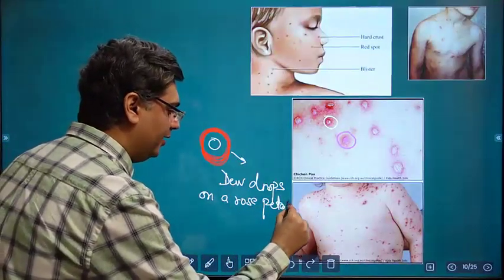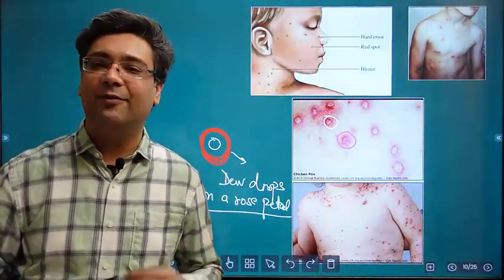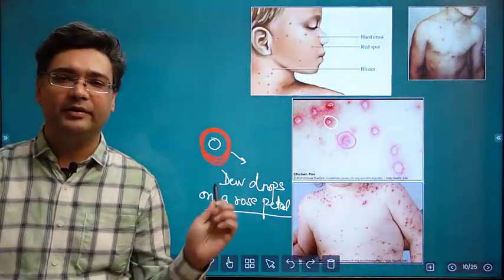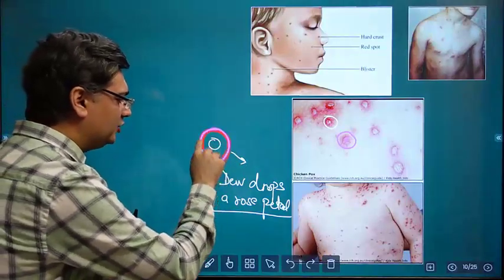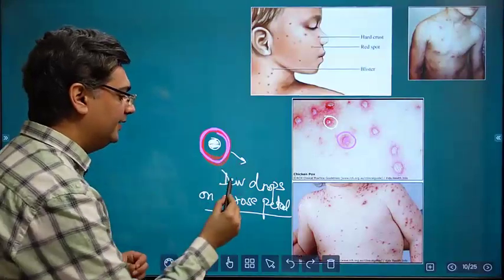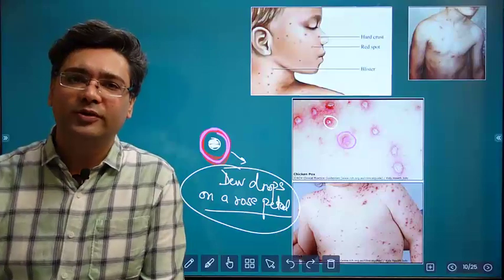You've seen red roses and their petals. Just imagine a dewdrop has fallen onto it, and this classically looks like that. Always remember, because it has red margination and a central fluid filled vesicle, this rash is called dewdrops on a rose petal.